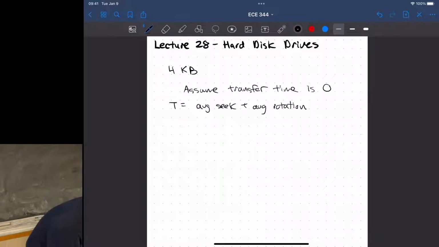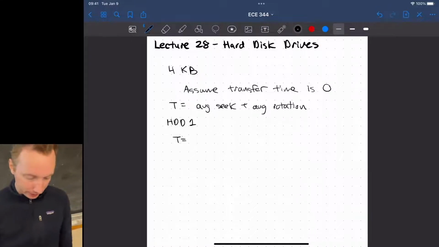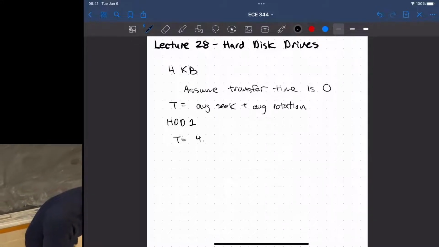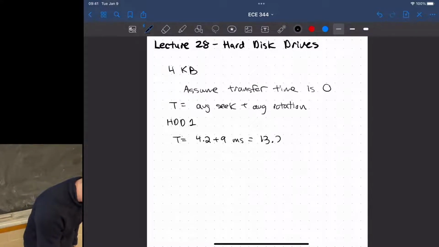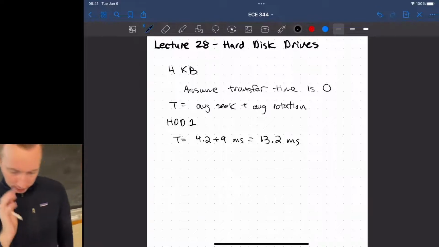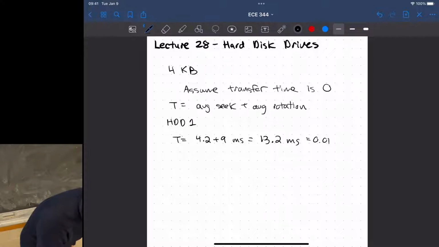So for the first hard drive, for HDD1, well, the numbers on the slide were our average seek time was 4.2 milliseconds, and then our average rotation was 9 milliseconds. So our whole time is going to be 13.2 milliseconds, which is the same as 0.0132 seconds.